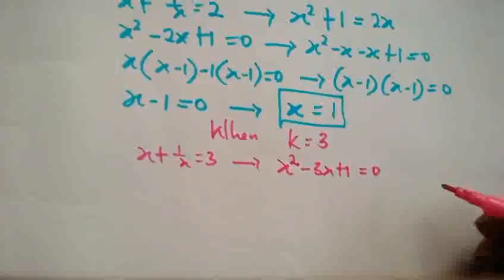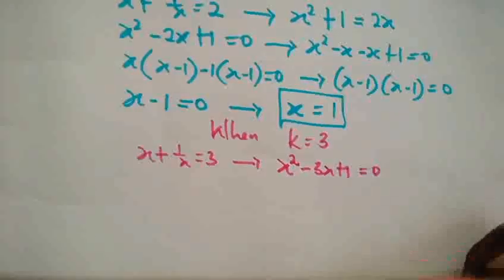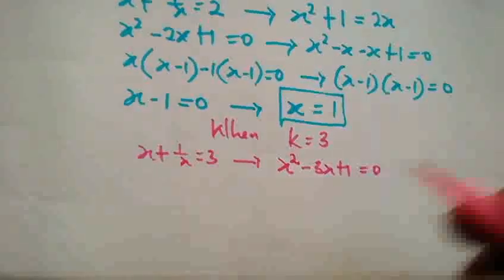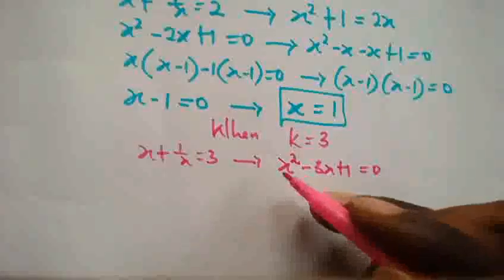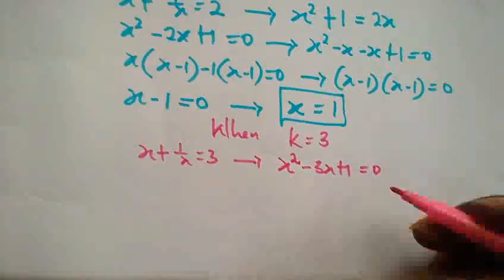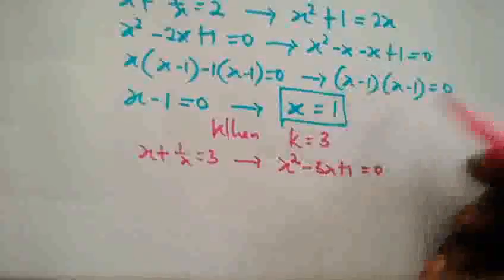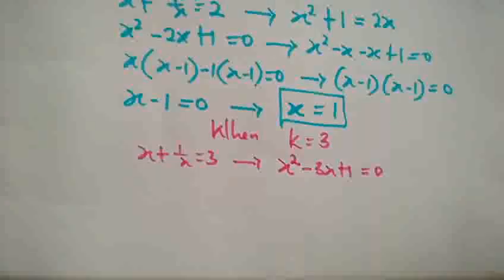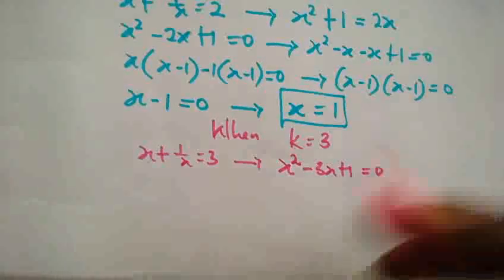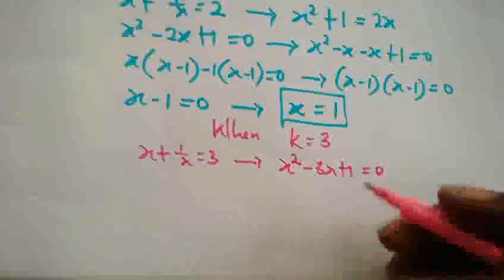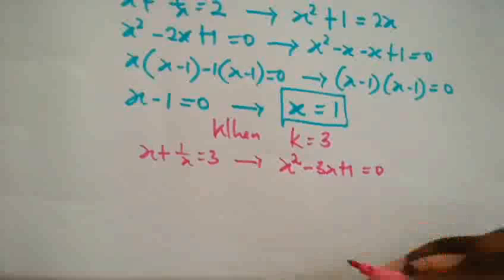So this is not factorizable over the integer values, like expressing it in the form of x minus something times x minus something, with integer coefficients. So I believe the roots of this equation are going to be irrational roots. Let me see what I'm going to do.